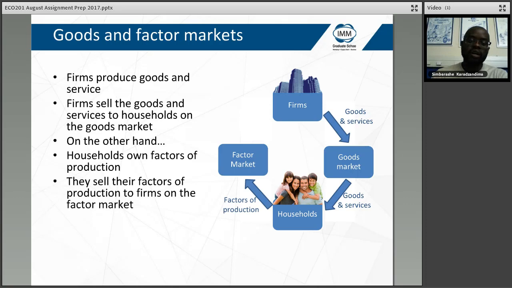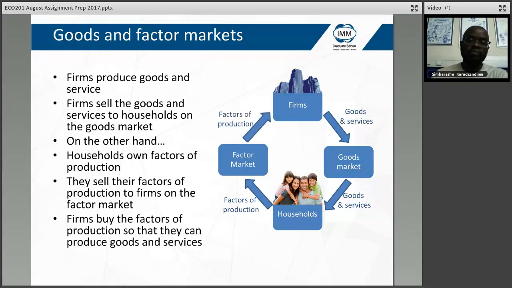So when you look at our basic circular flow, right, we have a two-sector model where we have our households and the firms. So when you are doing this analysis, we start by looking at the households. The households are the owners of the factors of production.